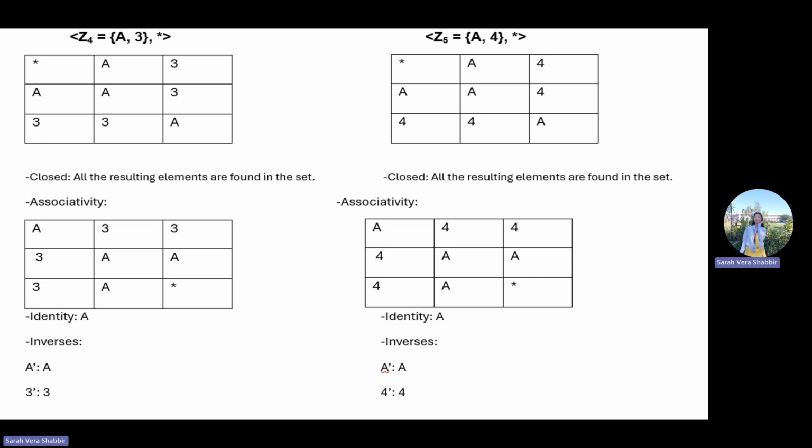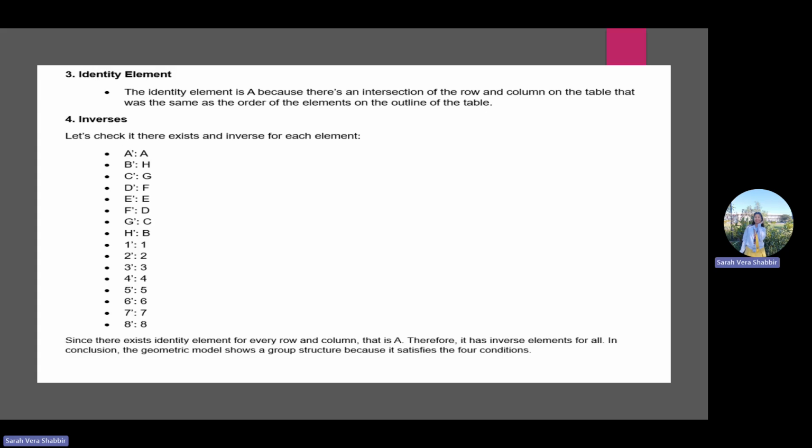The same process applies to our preceding subgroups, because they all have the identity element A, and each subgroup has one number from our original set. Remember that in our original set, the inverse of our numbers is themselves.